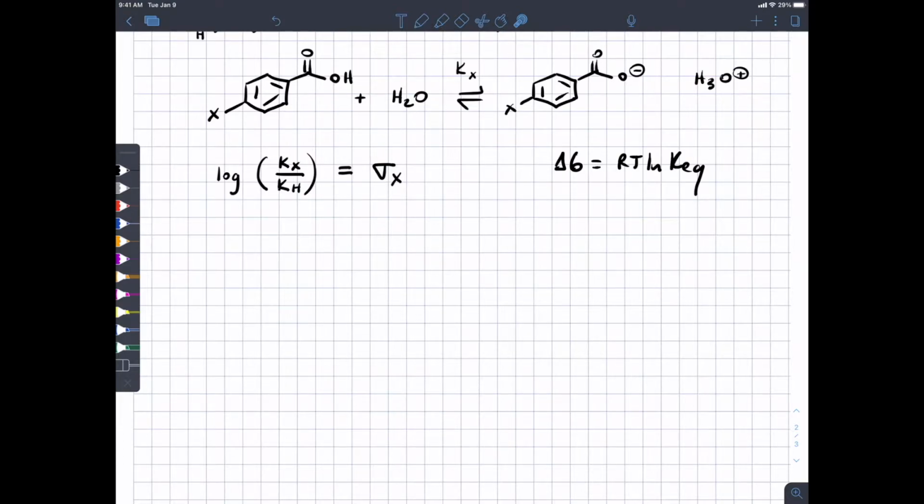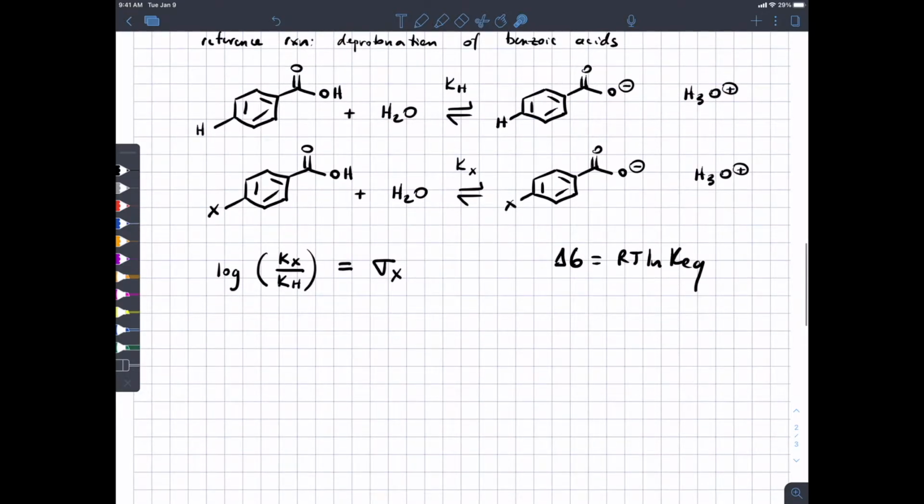If we wanted to write often in scientific notation, we would have been physicists, but we're not. So there we go. So let's talk about what we might predict. Do you think it should be easier or harder to deprotonate benzoic acid if you had methoxy here instead of hydrogen? What do you think?